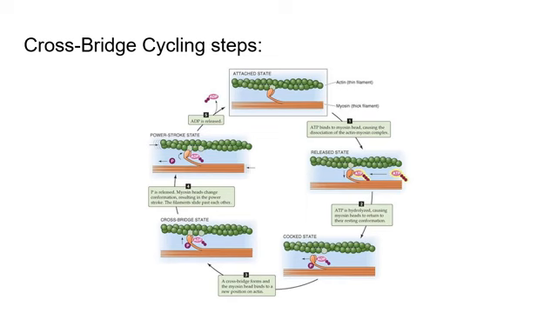And now we are going through the steps of muscle contraction involving myosin and actin. So we have the attached state. As you can see here, the myosin heads bind an actin molecule. We call this the attached state. And then the next step would be the released state, when there is detachment between the actin and myosin.